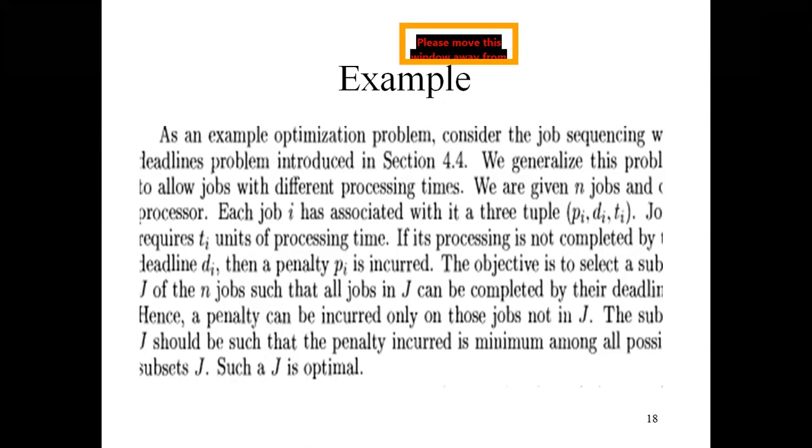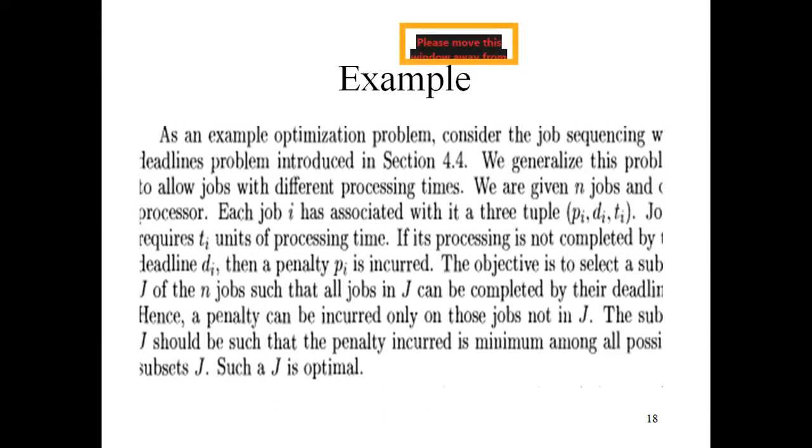We are given n jobs and a single processor. Each job i has associated with it a three tuple (PI, DI, TI). Here TI means time, DI means deadline, PI means penalty.